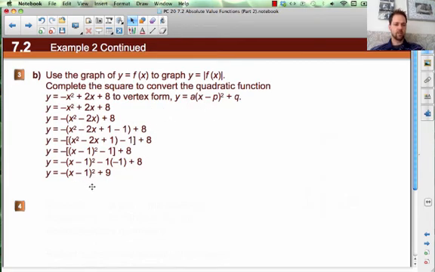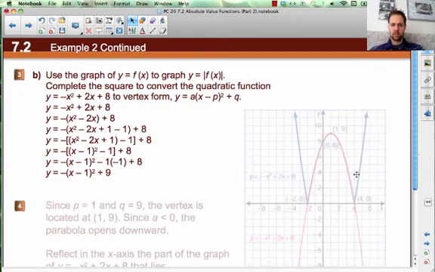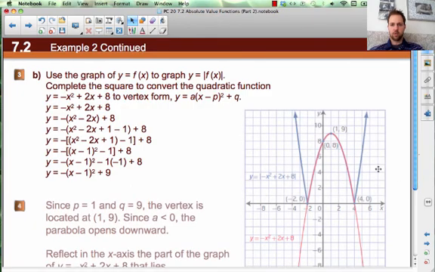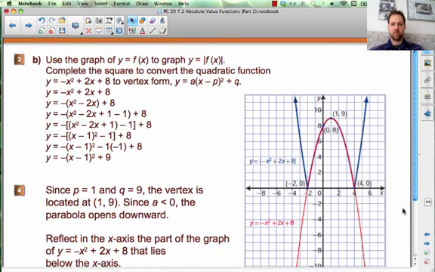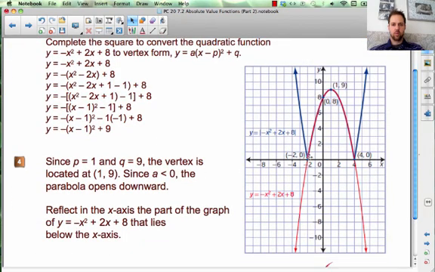That just helps us locate the vertex. Of course, it opens down, and the vertex is at +1 and +9. And as I said before, nothing below the x-axis is allowed because it's the absolute value of this thing. So when we get to these intercepts, it has to reflect in the x-axis and come back up. So it's always like we put a mirror on the x-axis, and these arms come up.